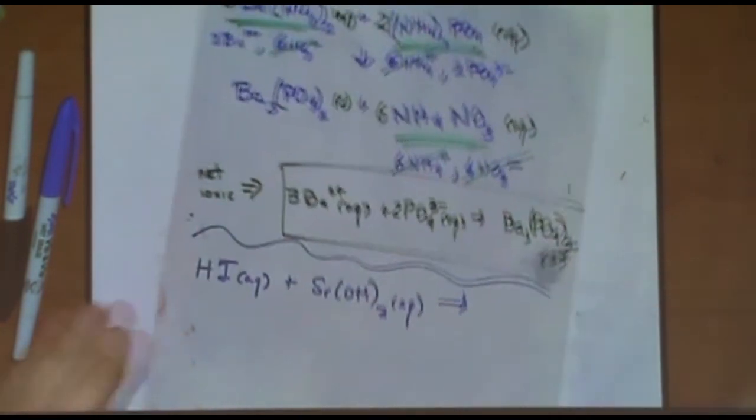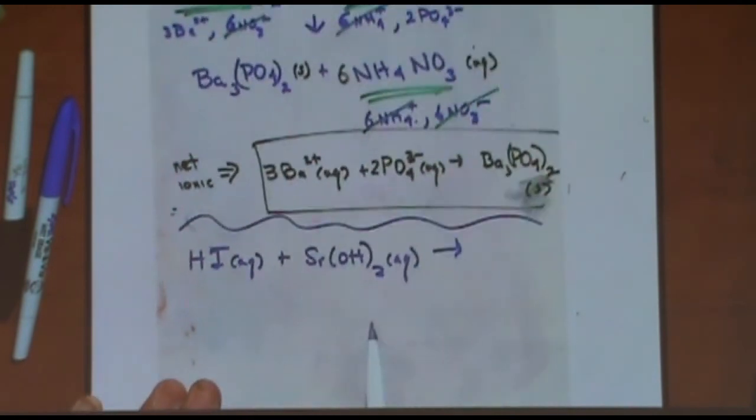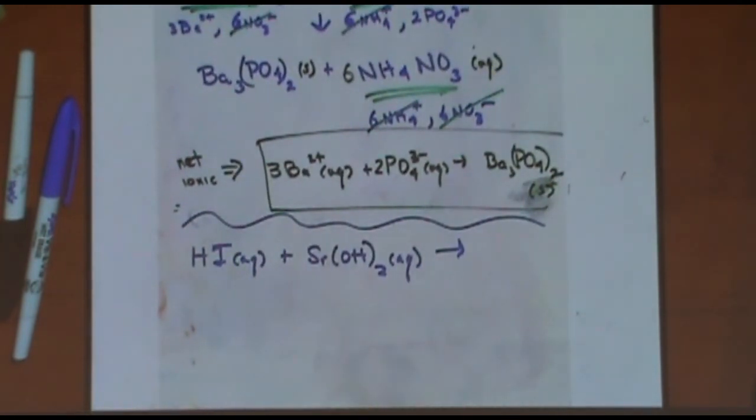Okay. This is a neutralization reaction, but more broadly could be called a double replacement because you have an acid with an ionic compound, a base specifically. So when an acid and a base react, you're going to have a neutralization reaction. Neutralization forms what? 2 things. Water and salt. A salt is an ionic compound.